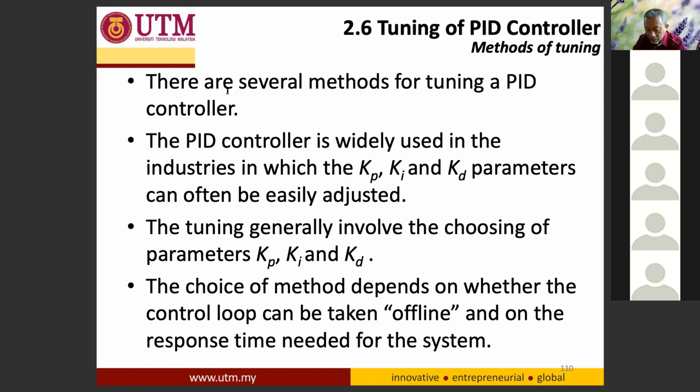The spec design is usually mentioned in overshoot percentage, which will give you the zeta value automatically, and then the peak time, the rise time, and especially the settling time, so that the system can achieve a faster settling time to settle the response.